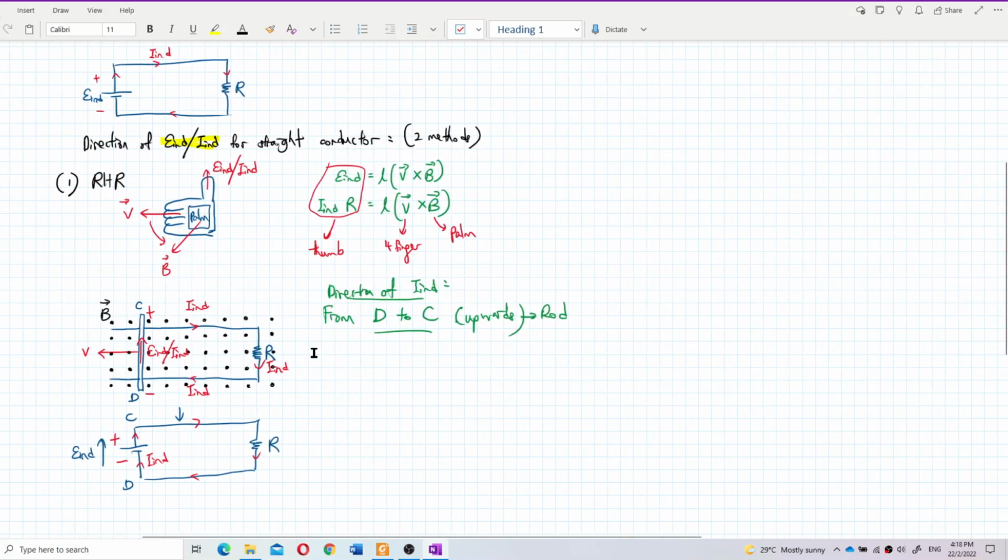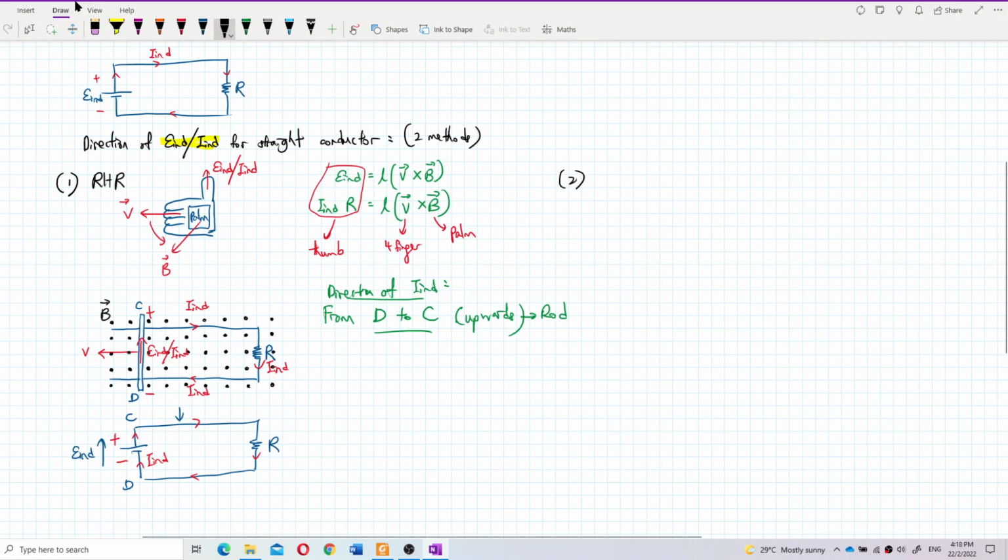The second method is to find the change of flux in terms of area, or we can say in terms of change of area. And then we use the right hand grip rule to find out the direction of induced current.